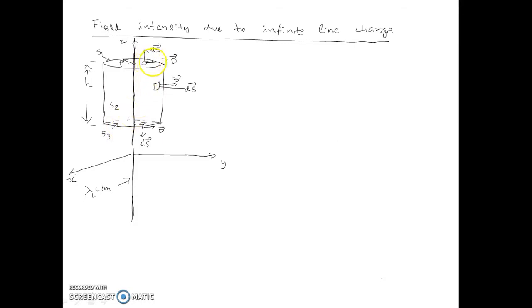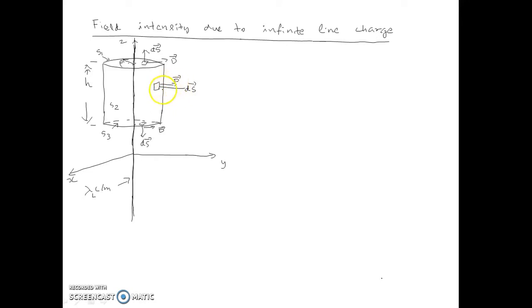At any point on the top surface S1, we can see that electric flux density D is tangential to the surface. Here this is the direction of the differential surface and this is the direction of the electric flux density. And at this vertical surface, the electric flux density is normal to the surface.